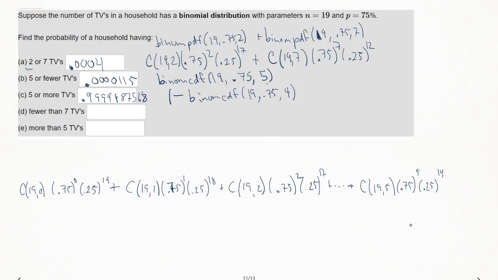For fewer than 7 TVs, notice the binom CDF would include 7 if we put 7 in that last column, because it's less than or equal to. So the fix for that, we want fewer than 7 TVs, well, the next magical number would be 6. So what do we get?